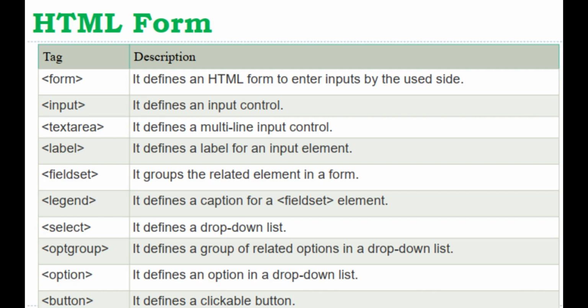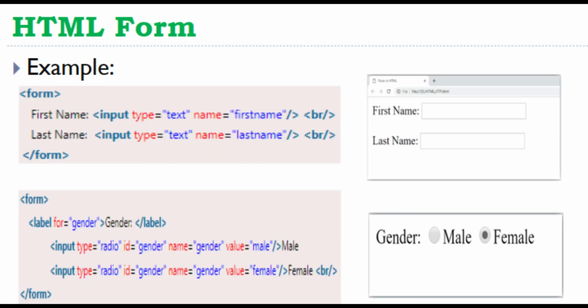Legend: it defines a caption for a fieldset element. Select: it defines a drop-down list. Optgroup: it defines a group of related options in a drop-down list. Option: it defines an option in a drop-down list. Button: it defines a clickable button.